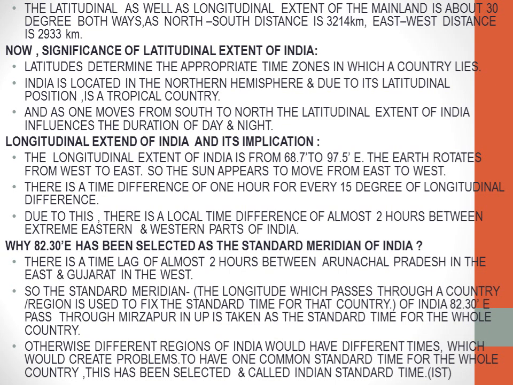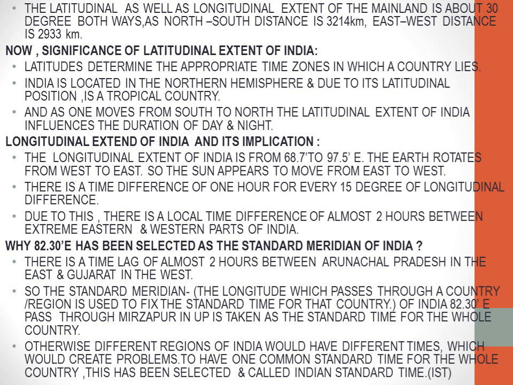Now, what is the significance or importance of the latitudinal extent of India? The latitudinal extent of a country helps to determine the approximate time zones in that country. Whichever country it is, it helps to determine the time zone where they lie. India is located in the northern hemisphere, and due to its latitudinal position it is mainly a tropical country.